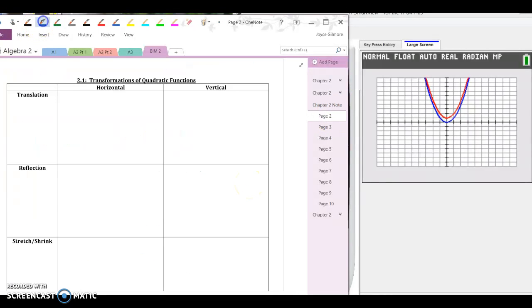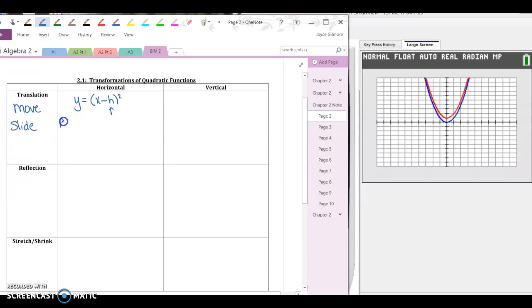Okay, I will try to use both letters and examples for this. Translation means this graph is going to move or slide either horizontally, left or right, or vertically, up or down. So if you have a function that has something added or subtracted inside the parentheses, that h is going to be the side-to-side movement.